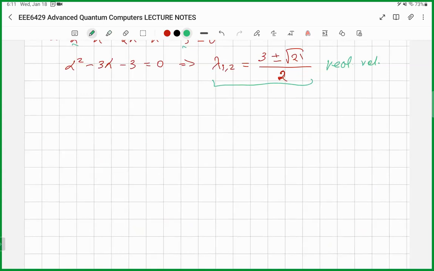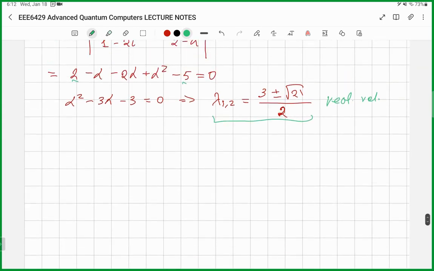This is, by the way, the problem in your homework. You have this assignment to find the eigenvalues and eigenvectors of a matrix, or a couple of matrices.